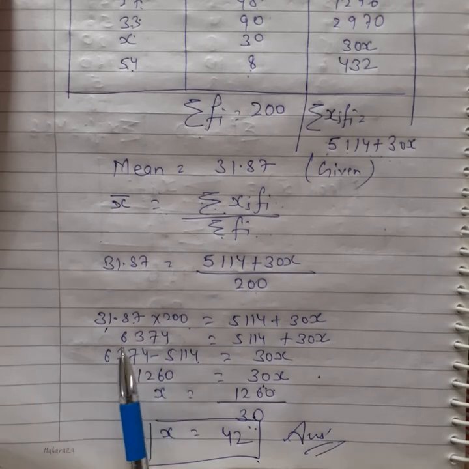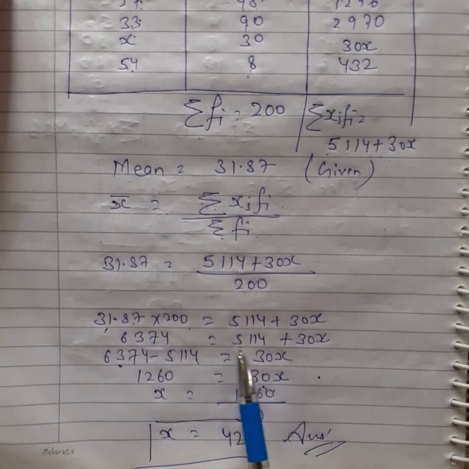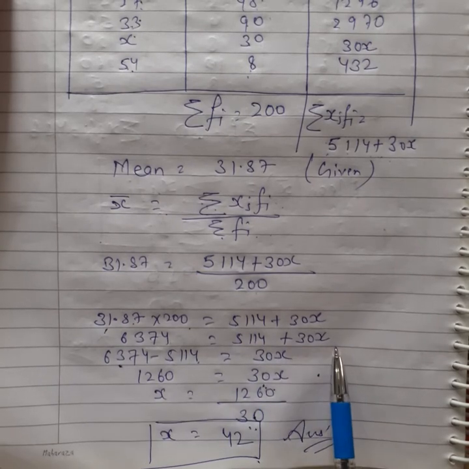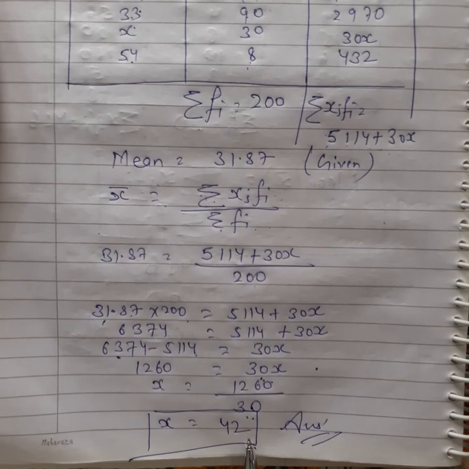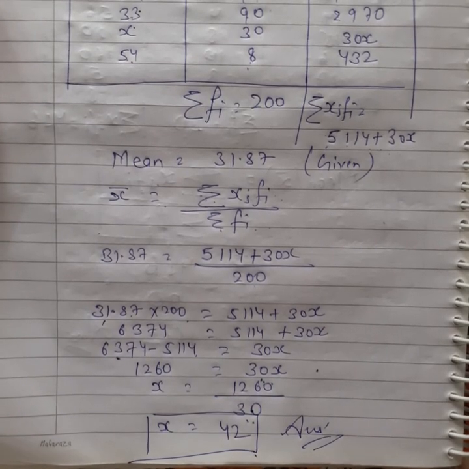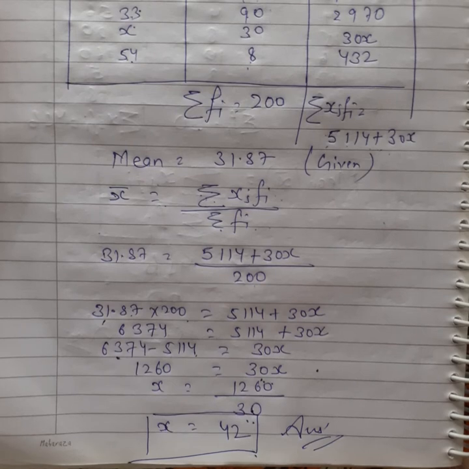By cross multiplying we get 6374 is equal to 5114 plus 30x, and by calculating we get the value of x is equal to 42. Now hope you all understood how we calculate the mean of tabulated data or grouped data.